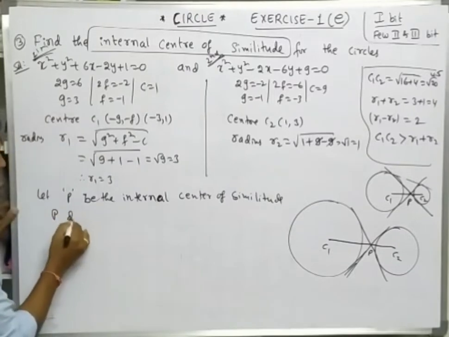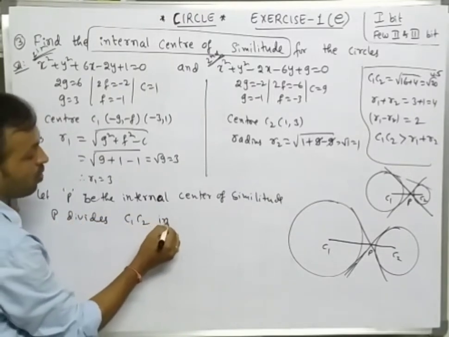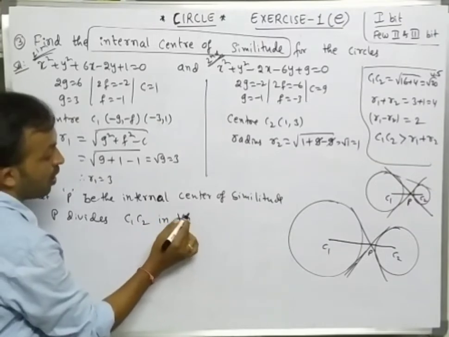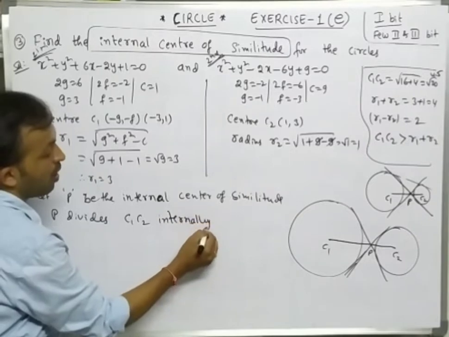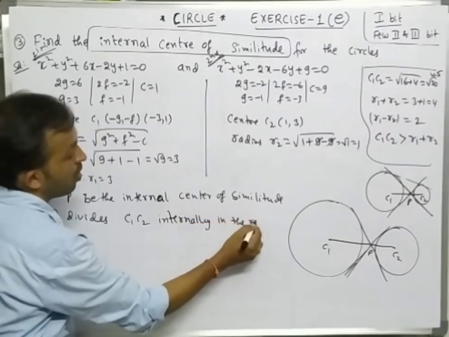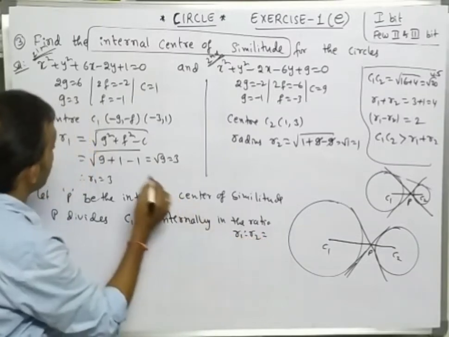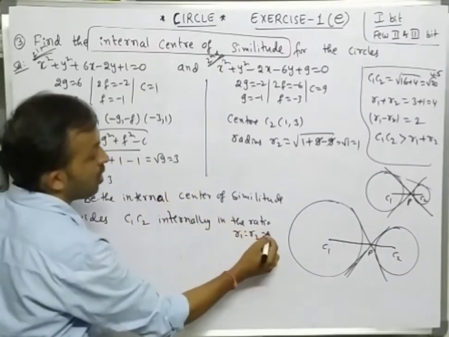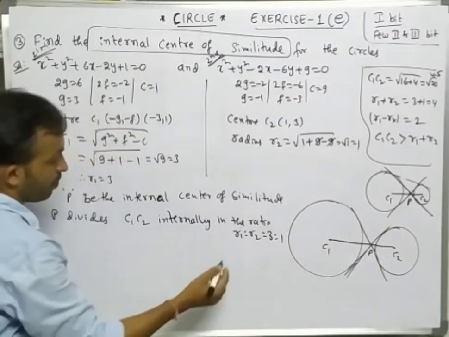So P divides C1 C2 internally in the ratio R1 is to R2. What is R1 here? 3 is to R2 1, 3 is to 1.